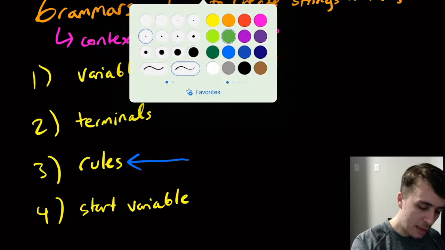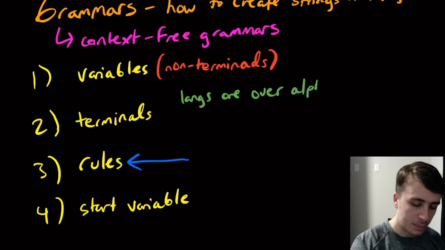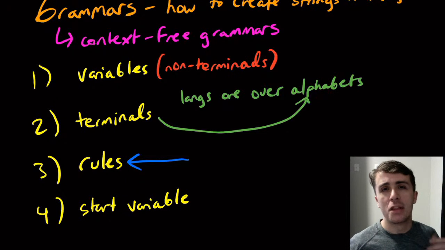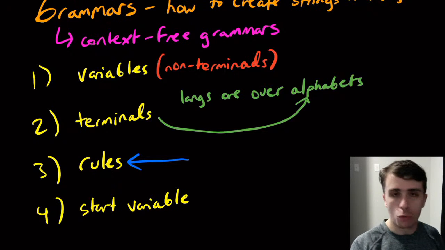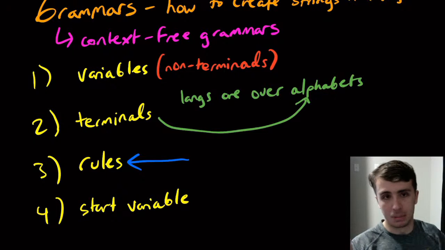The languages here are over alphabets, and that's what the terminals are. The terminals are the characters in the alphabet. Think of it like an input alphabet, but since grammars don't really have inputs, it doesn't really make sense to say input alphabet.